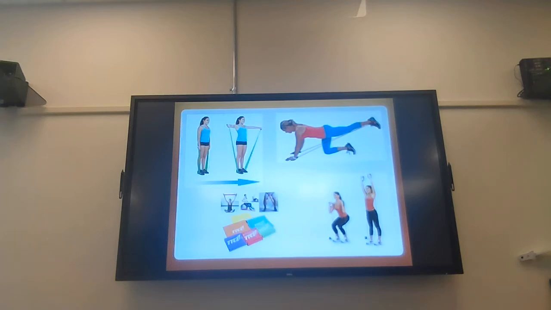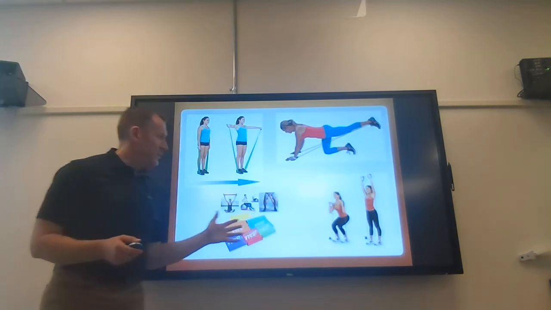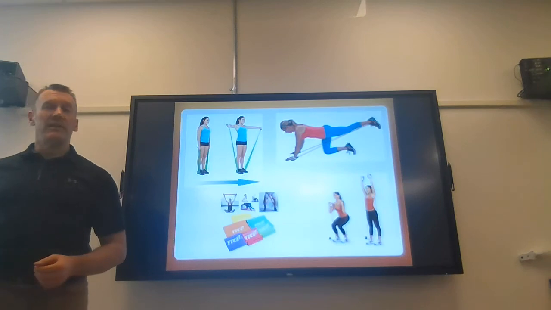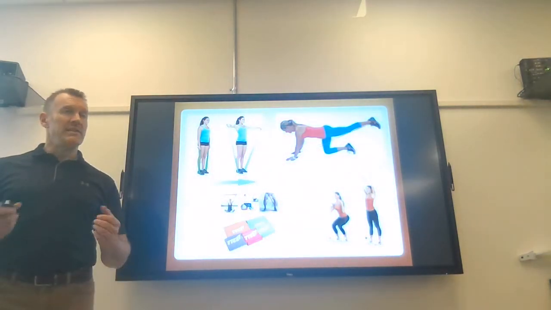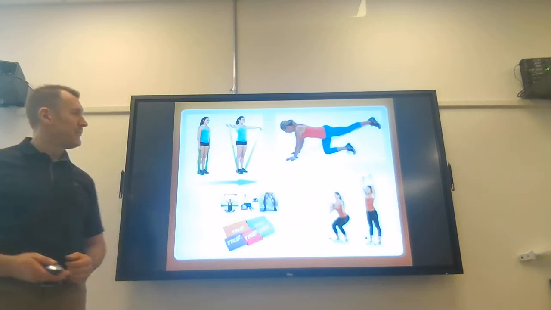So a stiffer band probably means there's more material, so it's thicker. Same material but more of it would be stiffer. And so you choose a color according to the stiffness of the material, and then the more you change the length of the band, the greater amount of resistance that you get.